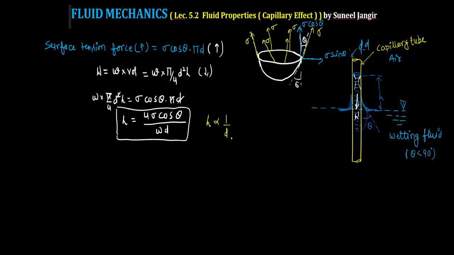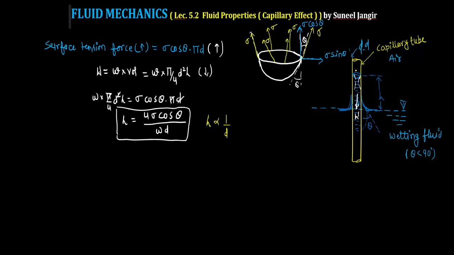This means if I increase the diameter, the height decreases. If I increase the diameter of this tube, the height of the fluid in this tube is going to decrease. In the previous lecture I said that surface tension force is a very small force and has a significant effect when the dimensions are small.